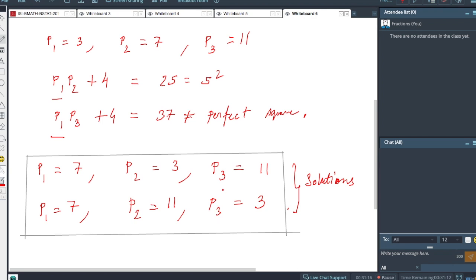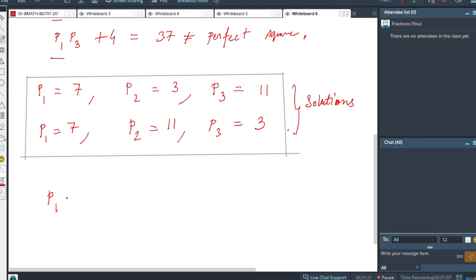And then again, P1 times P2 is 33 plus 4 is 37, which is not a perfect square. And so P1 being 11 doesn't work. So the only solutions are: P1 is 7, P2 is 3, P3 is 11; and P1 is 7, P2 is 11, and P3 is 3.